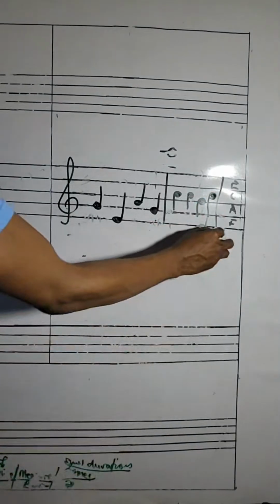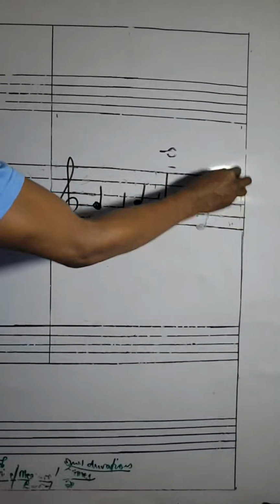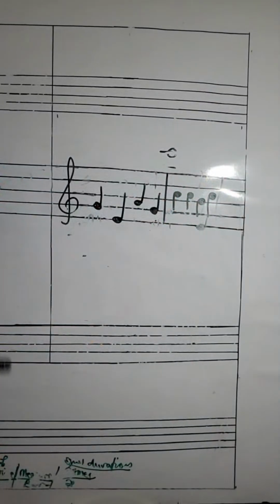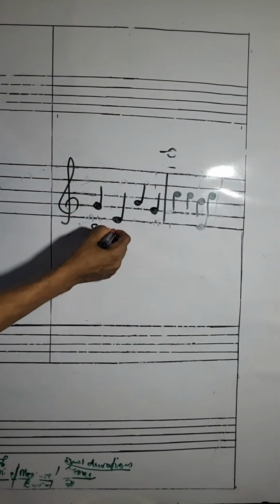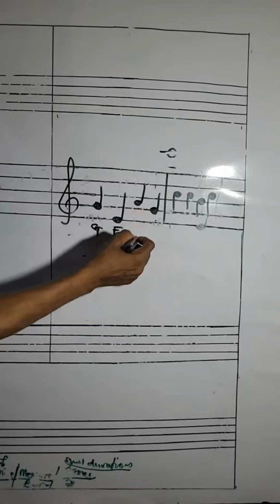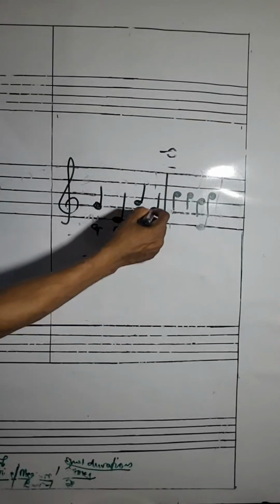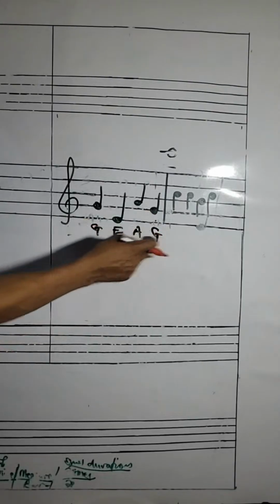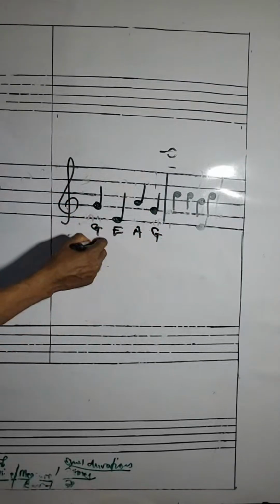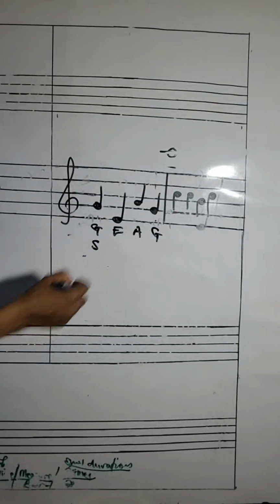This tune is very familiar. Now, what do I have here? I have a note on my G. My G, I have here E, I have here A, I have G again. That is G, E, A, G. So my G is my sol, right?